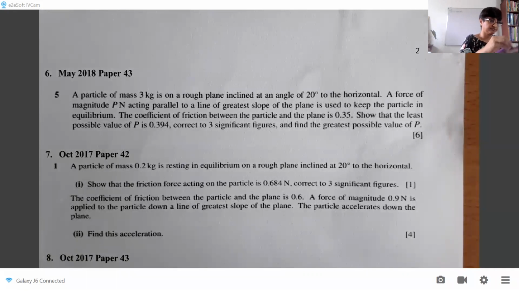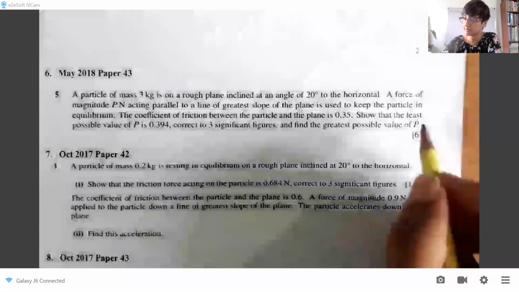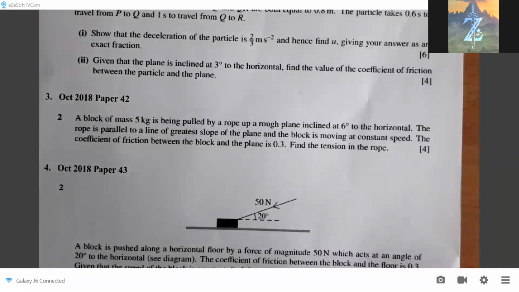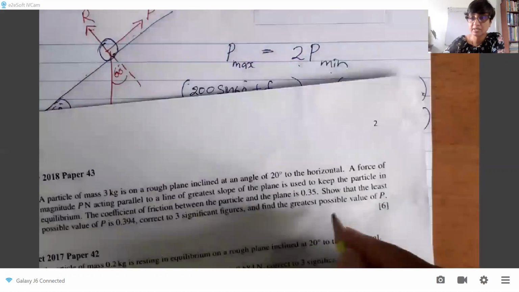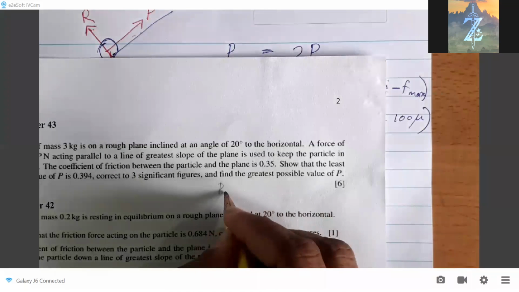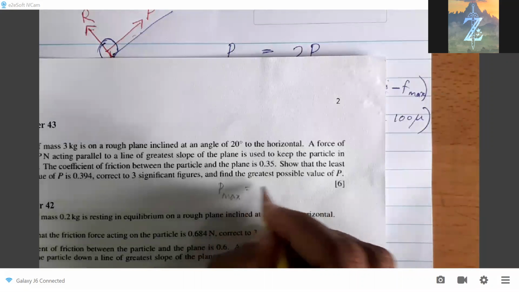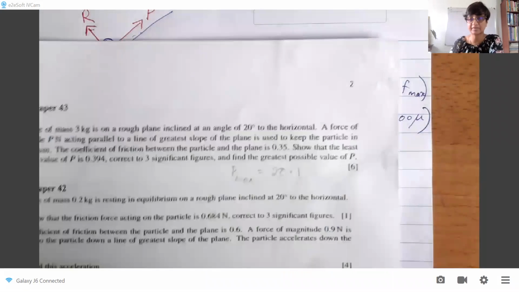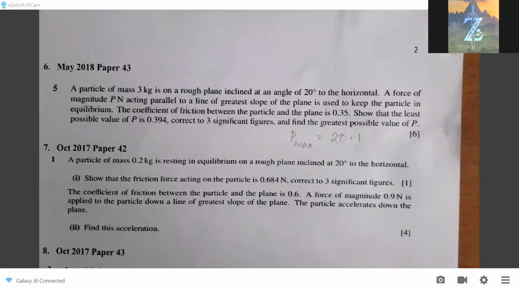No, P max is 20.1. Is that right? I hope so.